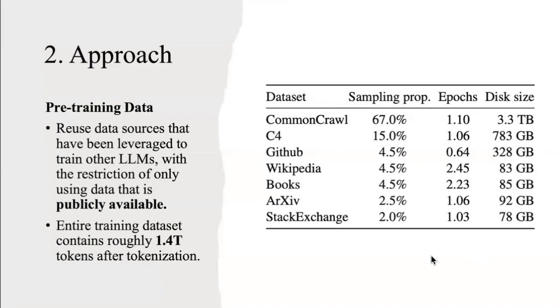Can I ask a question? For example, books, is the entire books data set considered here, and it just happens to be 4% of the training data? Is that how you read the table? I'm not sure whether they have additional filtering here.